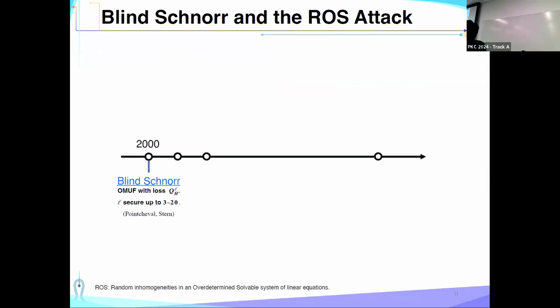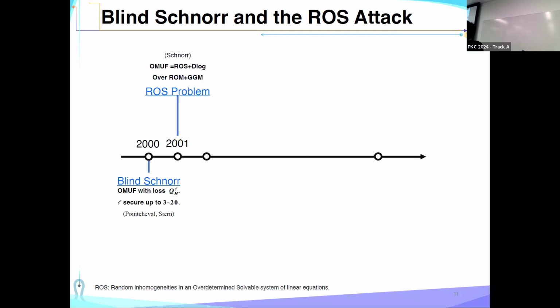To motivate this, I want to tell the story about the Blind-Schnorr scheme and the ROS attack. Blind-Schnorr was proposed by Schnorr in 2001. It is a sigma protocol-based blind signature based on the Schnorr signature scheme. And the security proof has a loss of Q^L, which means that it is only secure up to around L = 20, so it can only serve 20 concurrent signing sessions.